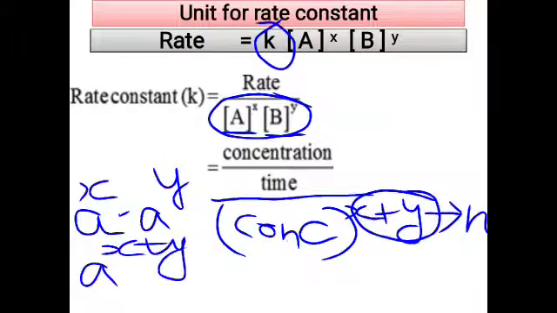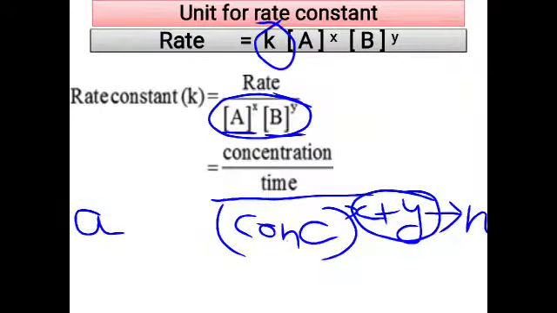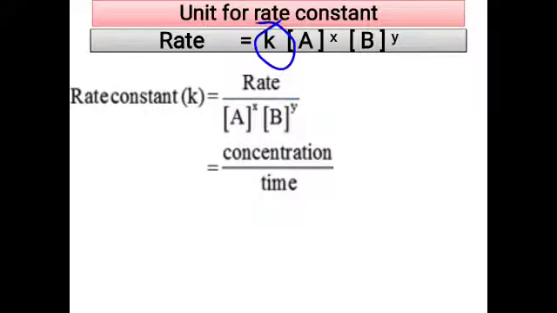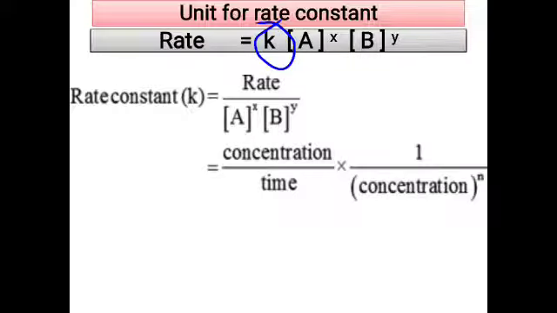Like that here we have concentration to the power x and again concentration to the power y, so it will be concentration to the power x plus y. We consider that as n. I will keep this concentration to the power n and take it to the other side, where it becomes 1 divided by concentration to the power n, where n is equal to x plus y.